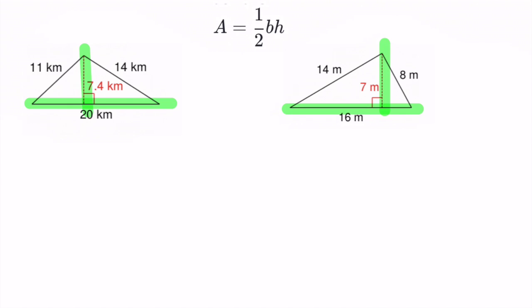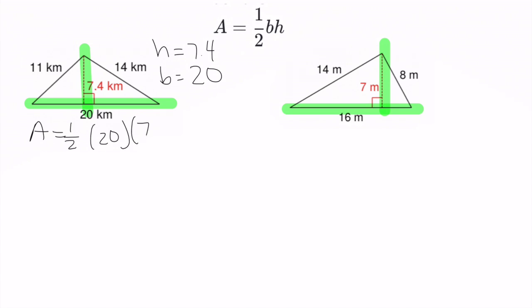So in this one, we have a height 7.4 and a base of 20. So area equals 1/2 our base times our height. So 1/2 times 20 times 7.4 gives us an area of 74 kilometers squared.